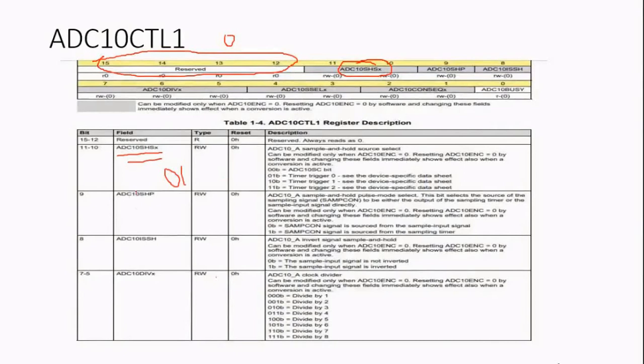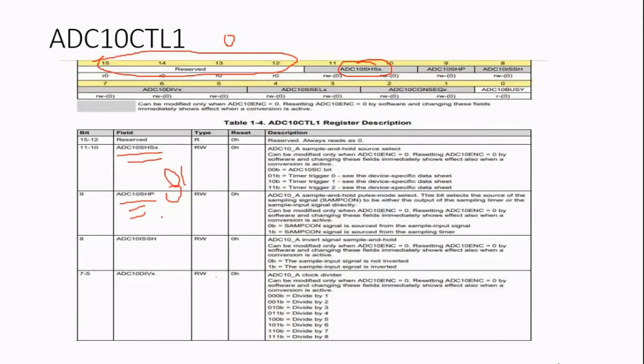Now come to the ADC 10 SHP bit. It is called sample and hold pulse mode select. So pulse mode select, if it is 0, it means that SAMCON signal is sourced from the sample input signal.